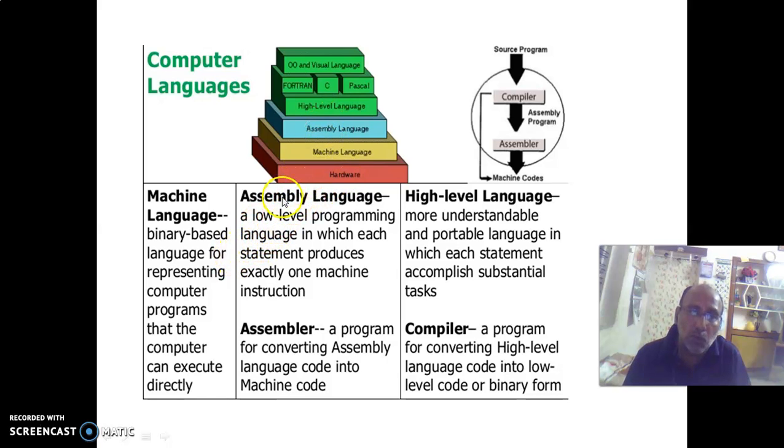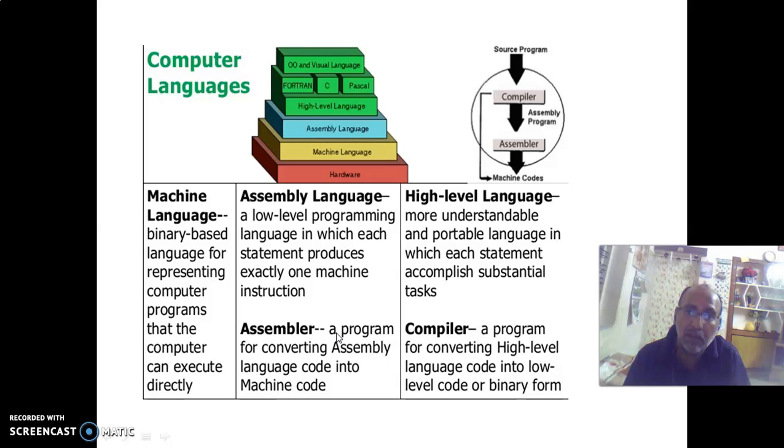When you are writing a program in assembly language, which one is necessary? Assembler is necessary. When you are writing a program in high level language, the compiler is necessary. When you are writing a program in machine language, there is no necessity of the assembler and compiler.